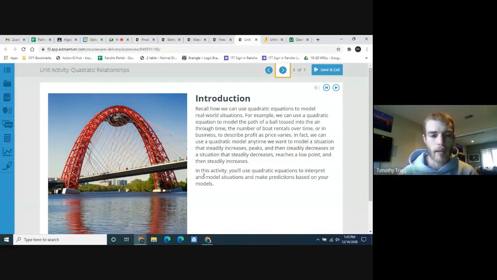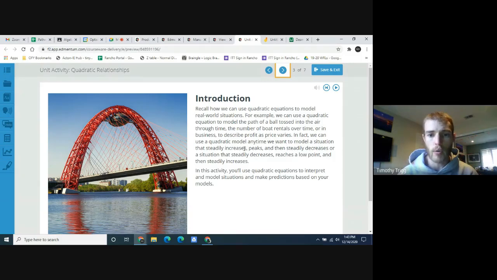Go ahead and read this silently as I read aloud. It says, recall how we can use quadratic equations to model real-world situations. For example, we can use a quadratic equation to model the path of a ball tossed into the air through time, the number of boat rentals over time, or in business to describe profit as price varies.